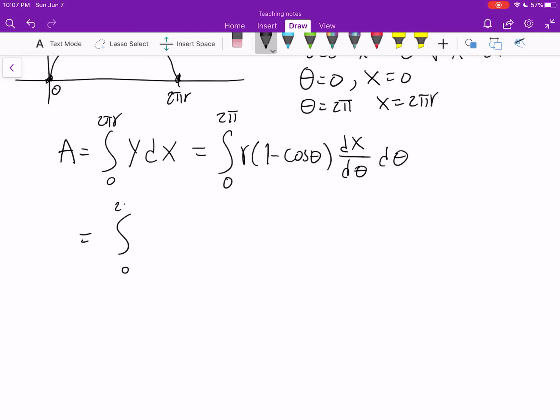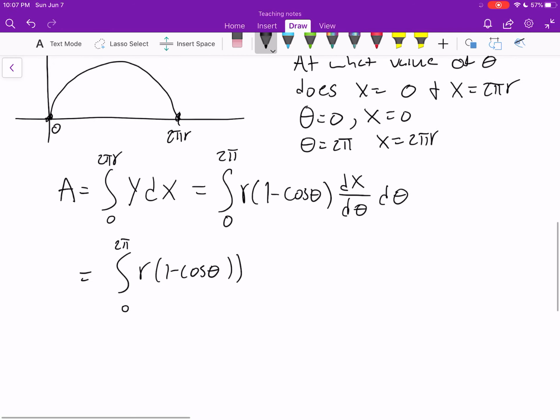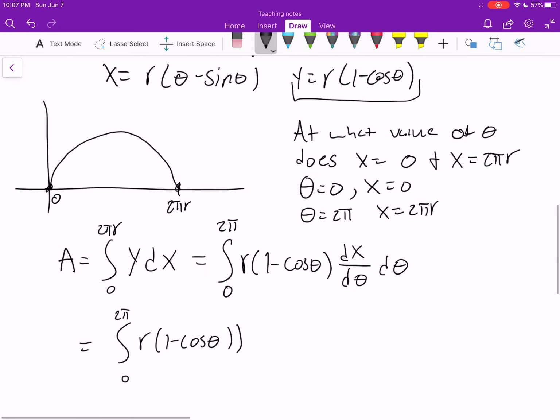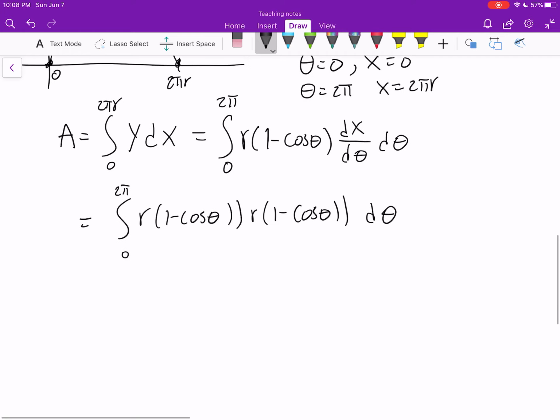This is the integral from 0 to 2 pi of r times 1 minus cosine theta, and dx d theta is up there, so it's going to be r times 1 minus cosine theta d theta. So this is the integral from 0 to 2 pi.